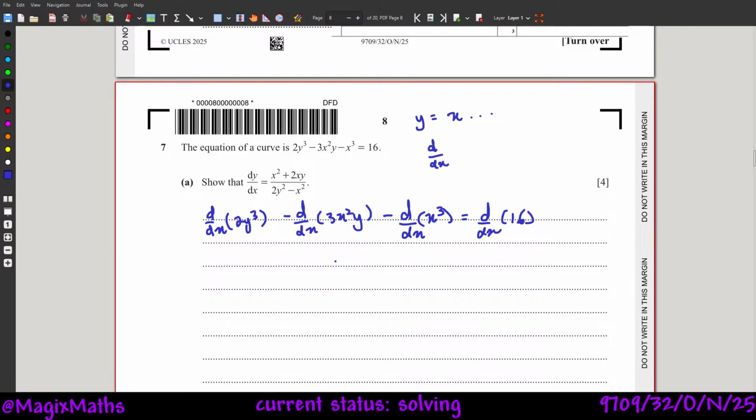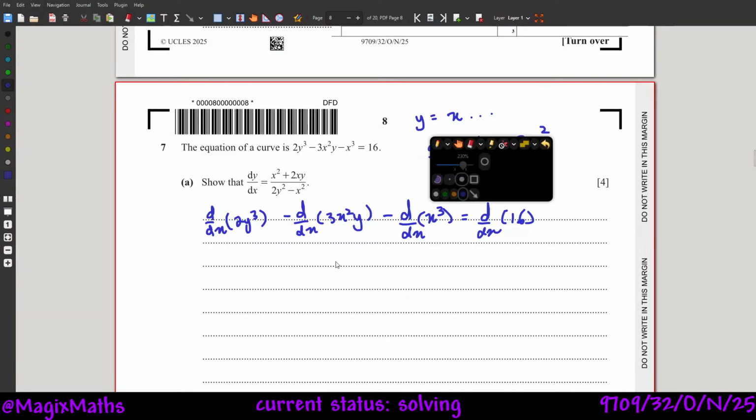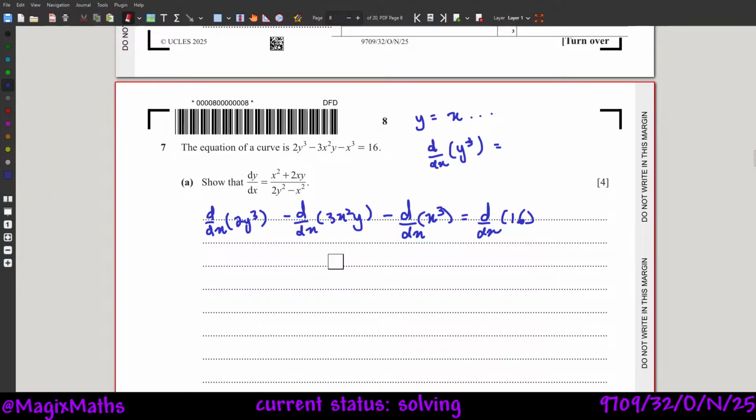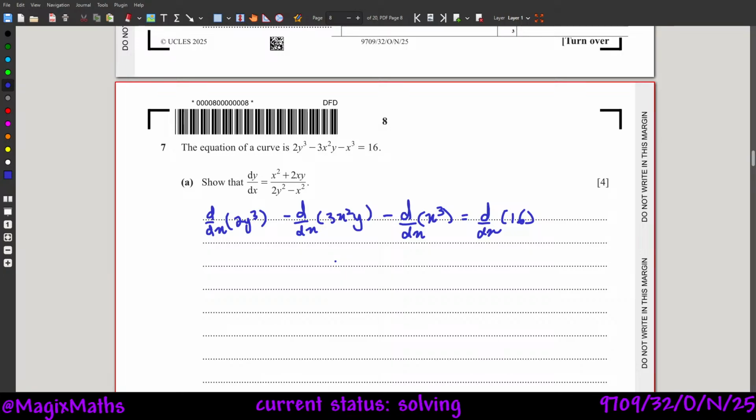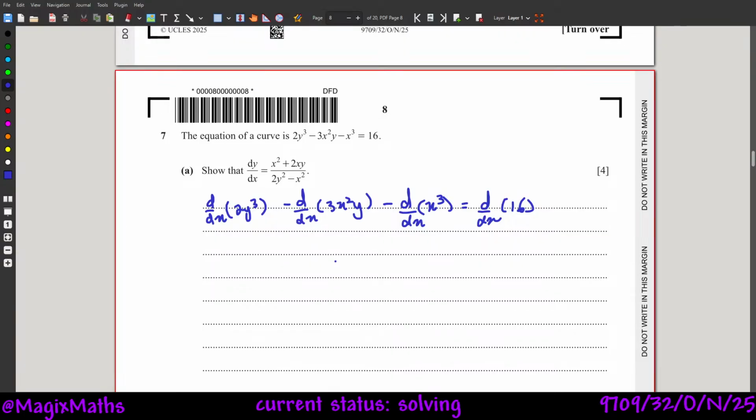d over dx of y squared should be 3y squared, right? Is it? Oh, yeah, so we're differentiating it. It should look like this, I think.